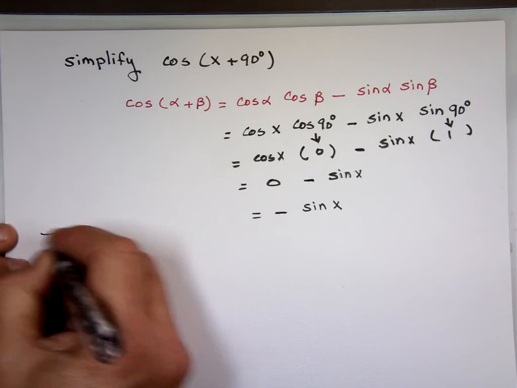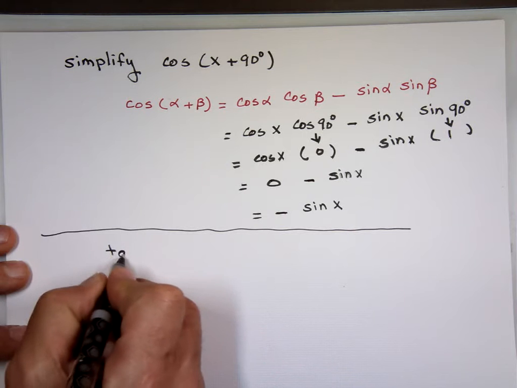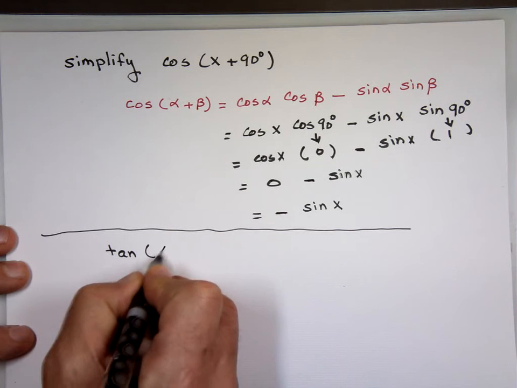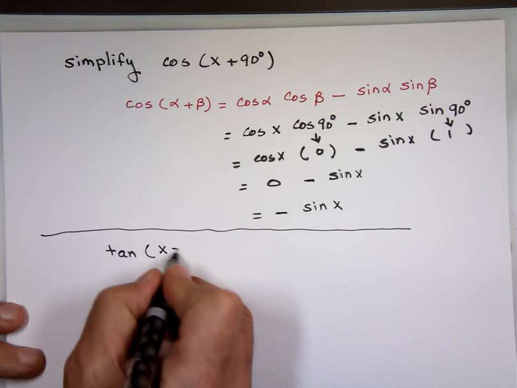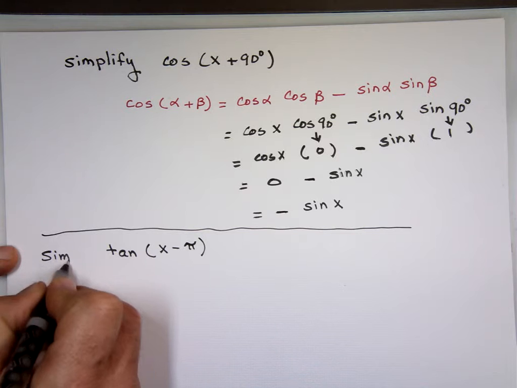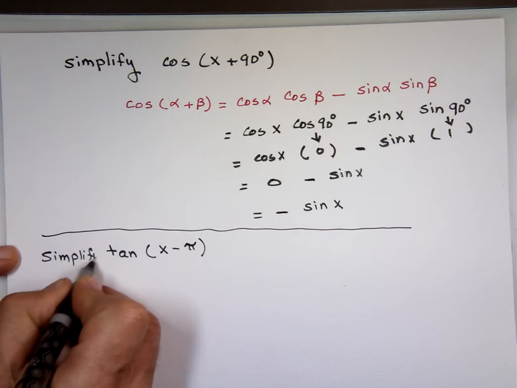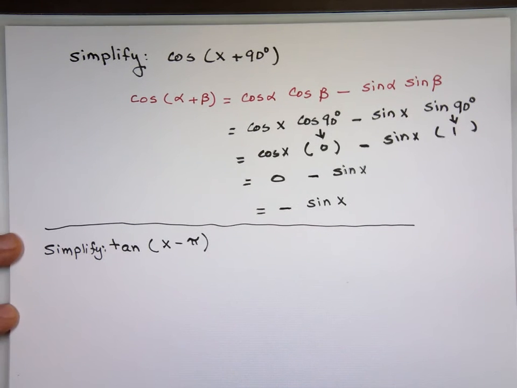Let's try this one. Tangent x minus pi. I want you to simplify this. Again, I need the trig identity for tangent.